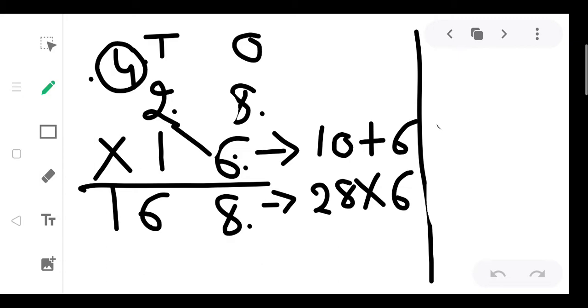Now we will multiply it by 1, and it is not 1, it is 10. So at ones place digit we will put 0 or we will put the sign of cross. You can write 0 here also.